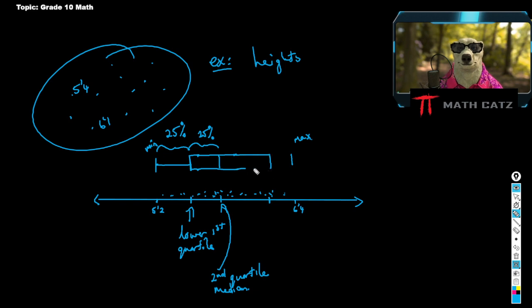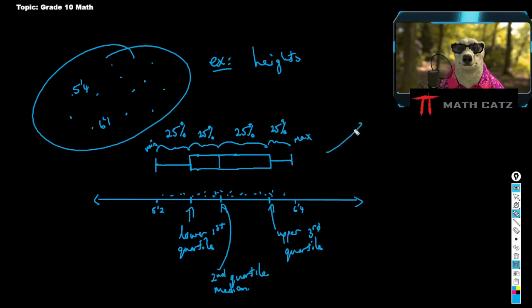We're going to extend our box all the way here for our next 25% of people, because we don't know how they're distributed across this range. That is what our diagram is trying to indicate. And this will be called our upper or third quartile, because I'm breaking it up into 4 sections of 25%. 25% of my data set is contained in these sections.